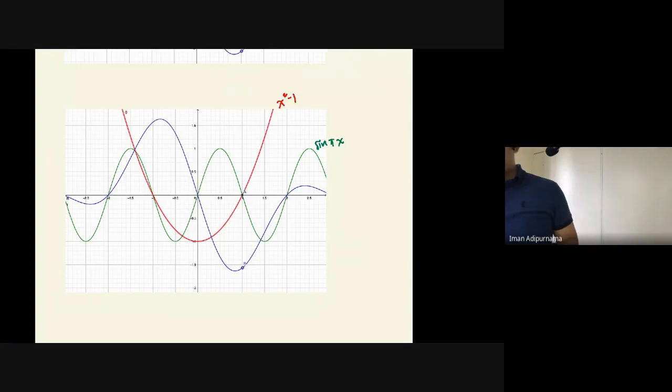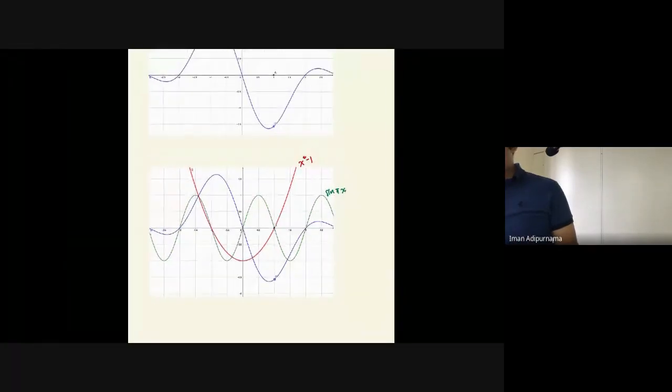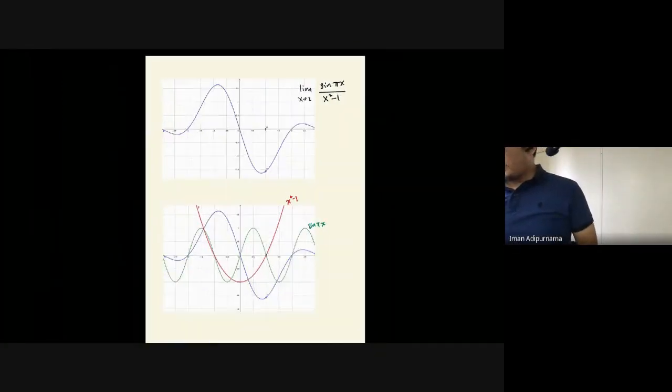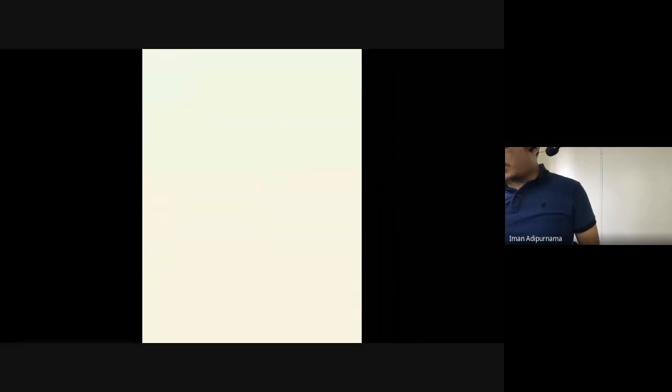But now you already know the implicit chain rule, the L'Hopital rule, and also the inverse trigonometry. The next one will be what we call related rates.